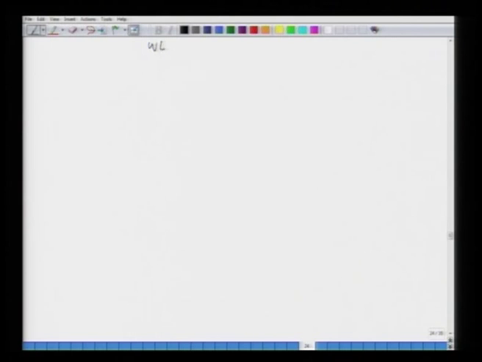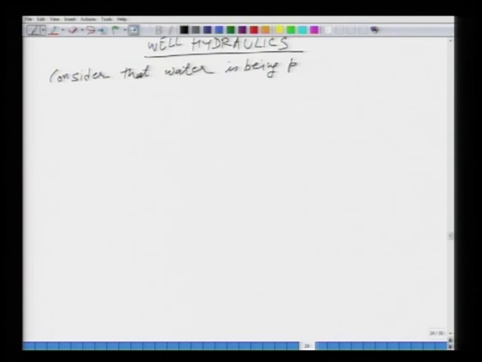So, we will start with well hydraulics. Let us consider that water is being pumped out from an unconfined aquifer, and the aquifer is homogeneous and isotropic.